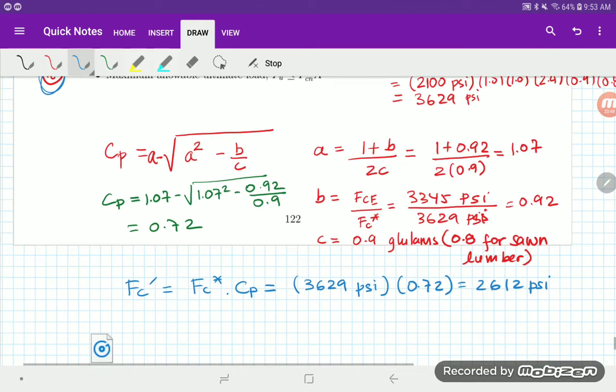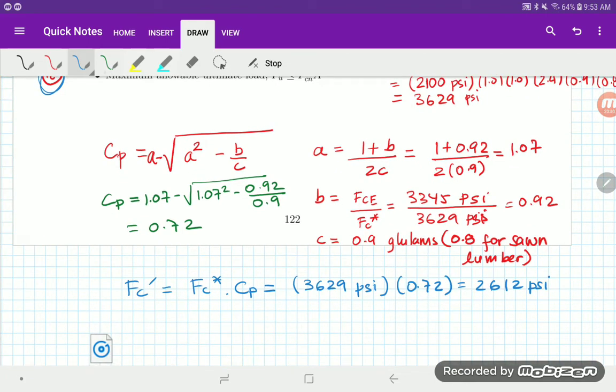So our final solution here: P sub u, our ultimate axial load, has to be less than or equal to FC prime times A. Let's clean that up a little bit. A is just the cross-sectional area. For glulams, we don't have to look up tables for that.